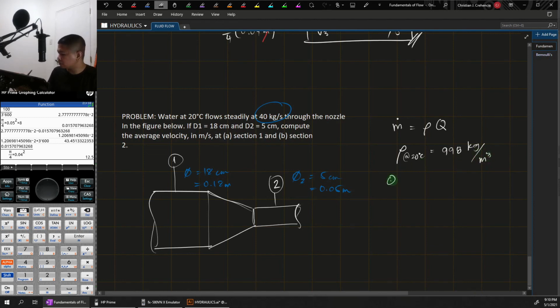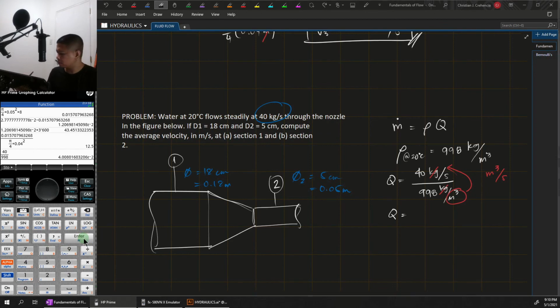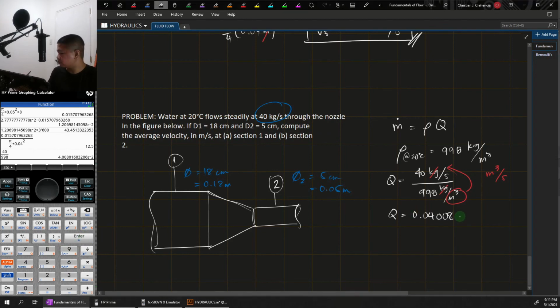So solving for discharge Q, this is mass flow rate natin, 40 kilograms per second, then divided by the density, 998 kilograms per cubic meter. So we can cancel yung kilogram, then yung meter cube is mapupunta na dun sa taas. Okay? So we will have cubic meter per second. Okay. So yung Q is 40 divided by 998. So we have 0.04008 cubic meter per second.